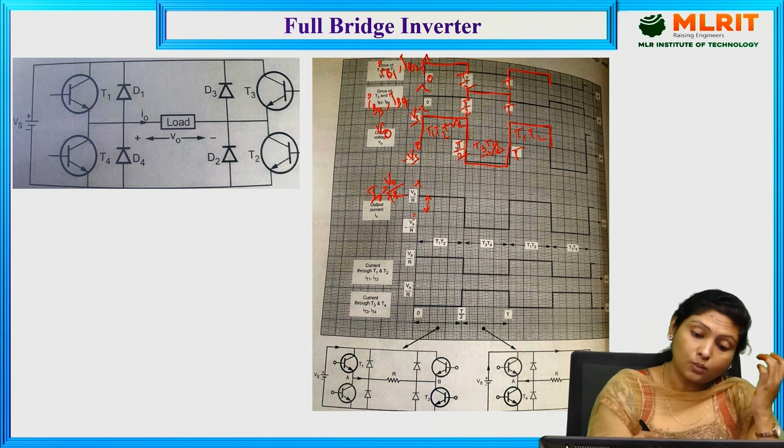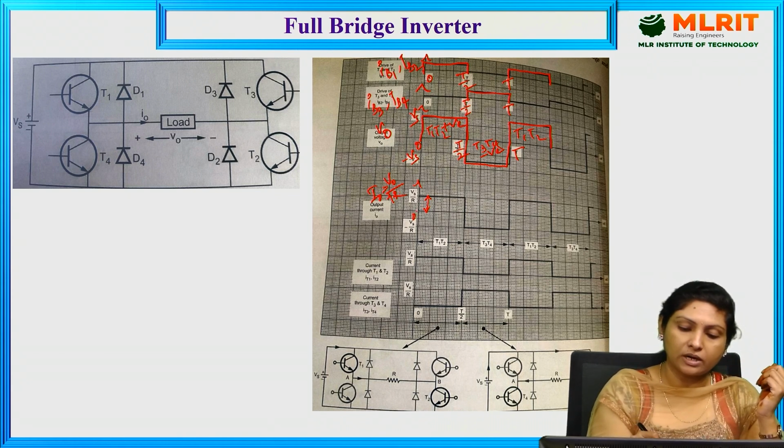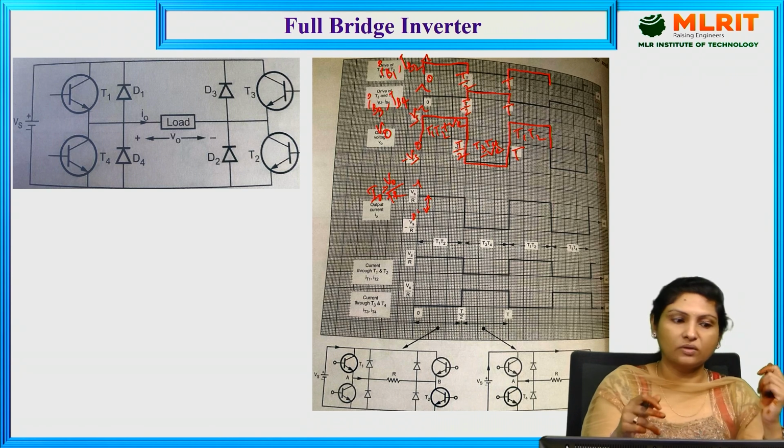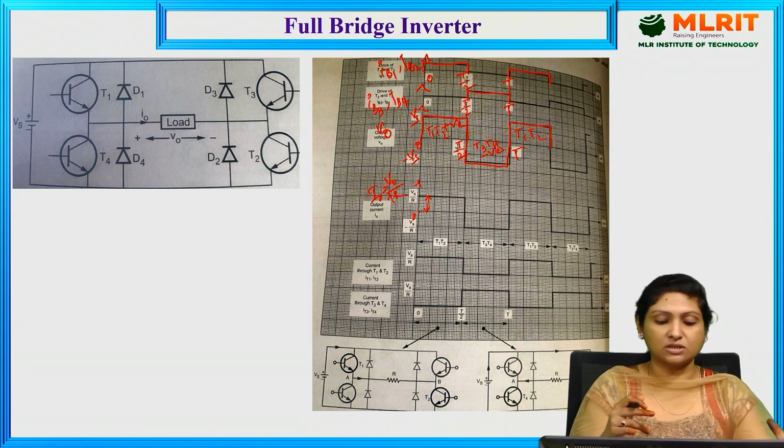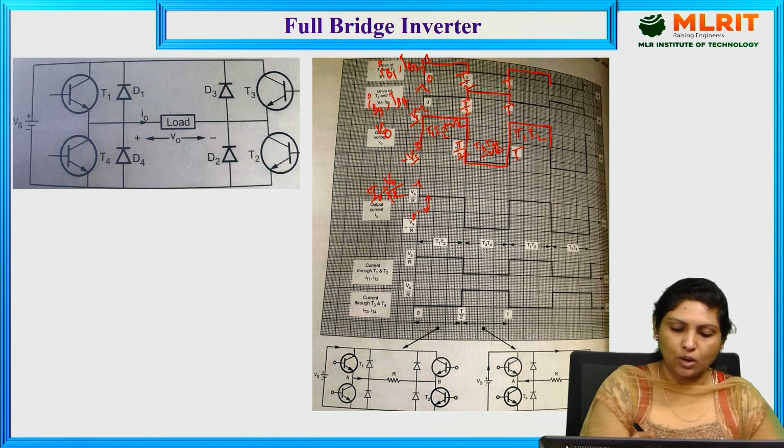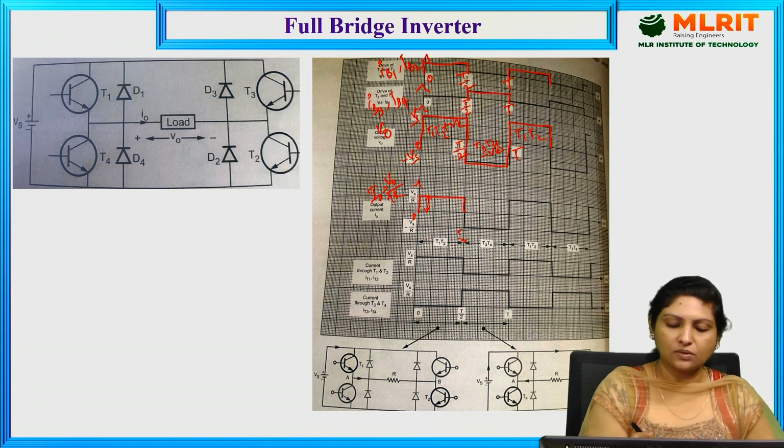We get the output current from the moment we provide the base drive for transistor 1 and 2. Transistor 1 and 2 conduct current from 0 to instant T by 2, and this is the waveform due to T1 and T2.